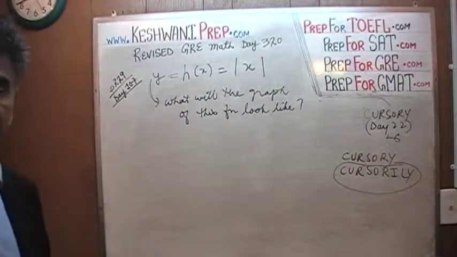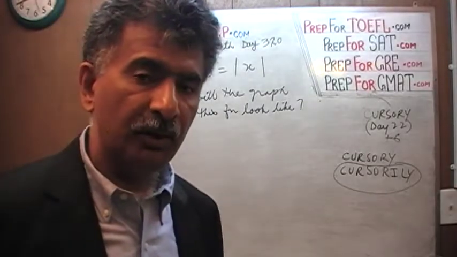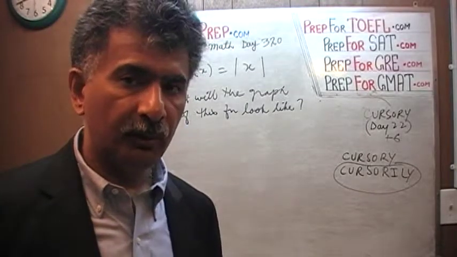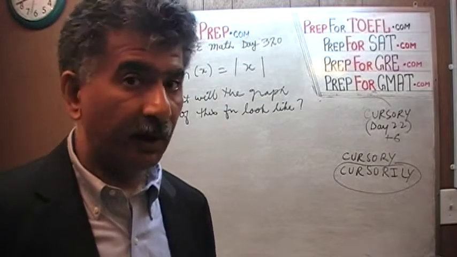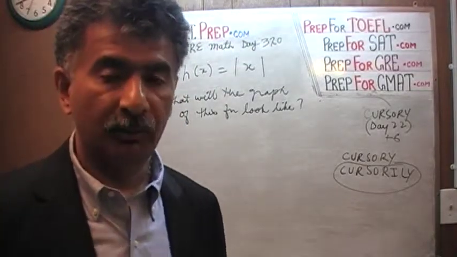Are you able to tell a quick answer as to what the graph of this function would look like? If not, then you have to watch the rest of the videos.